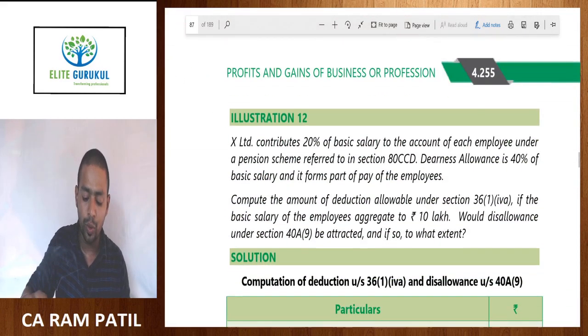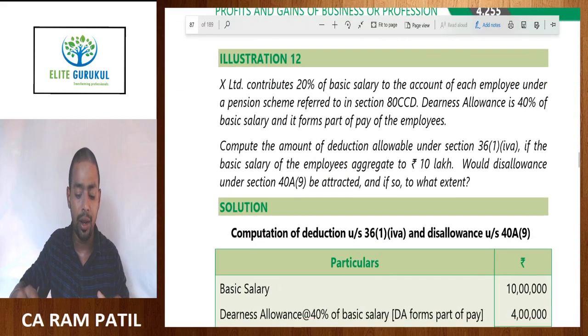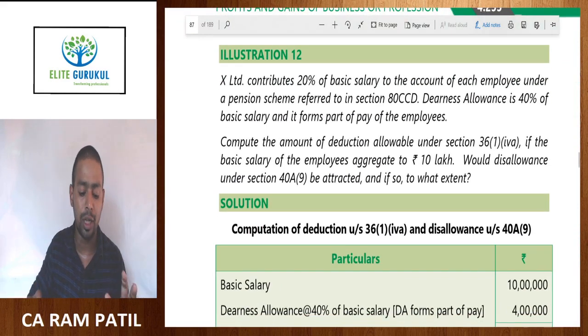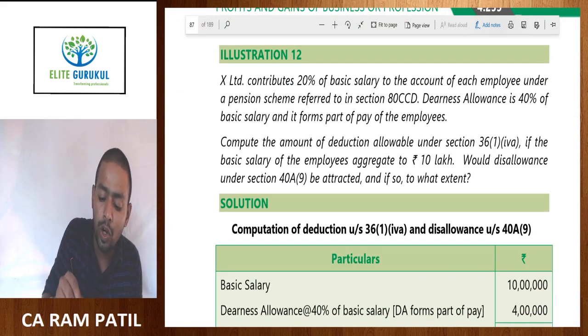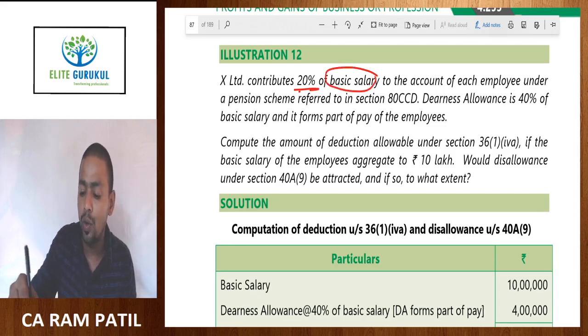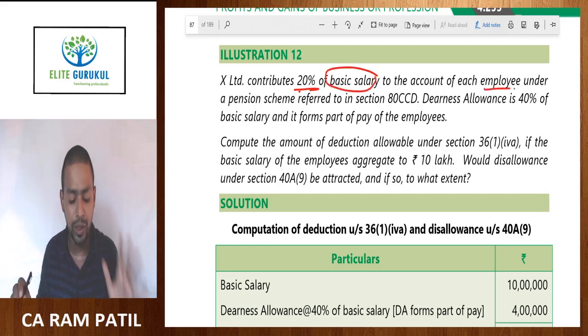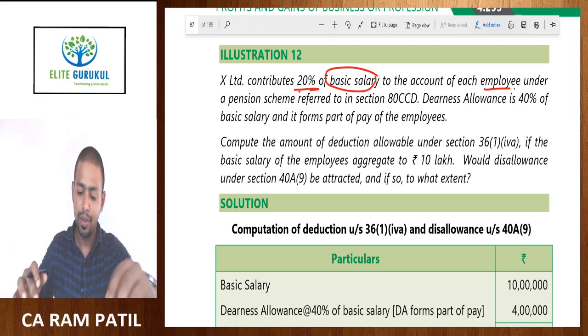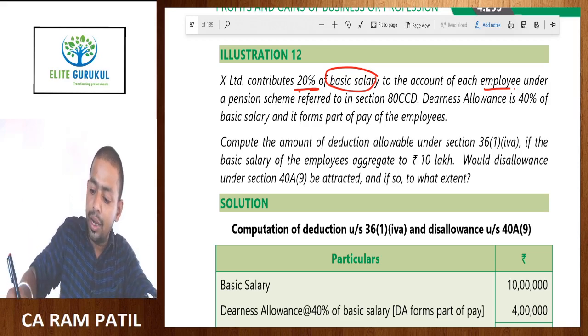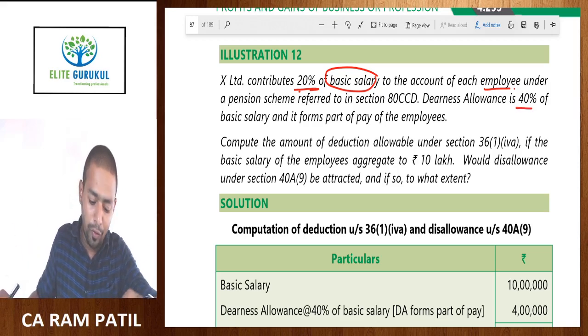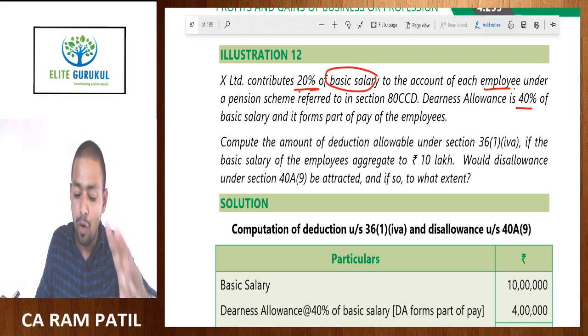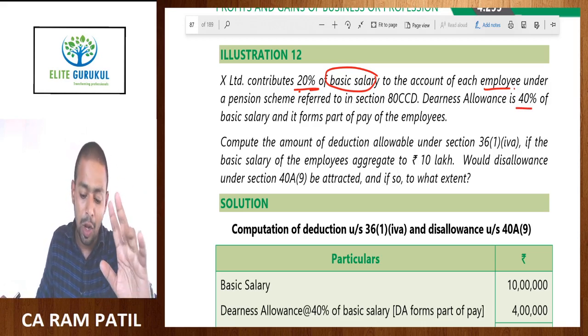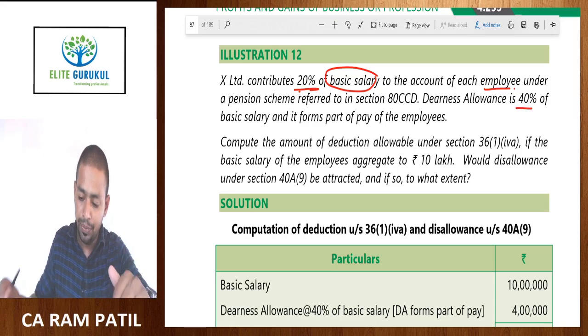Okay. Let's look at one illustration through which you will understand. People who have done 80 CCD will understand for sure. X Limited contributed 20% of basic salary to the account of each employee under the pension scheme referred under section 80 CCD. Dearness allowance is 40% of basic salary, and it forms part of retirement benefit. Now please understand these two things.